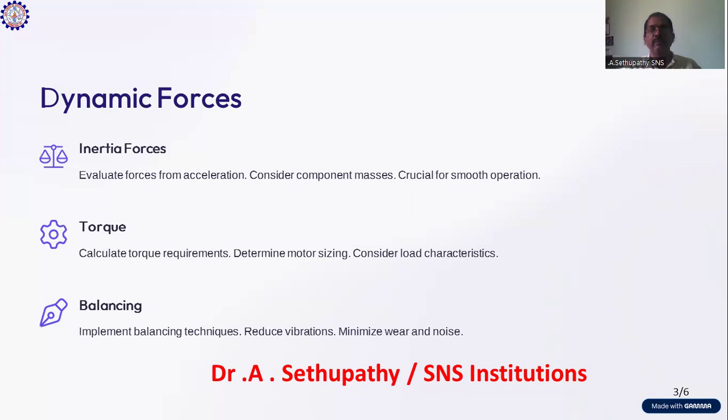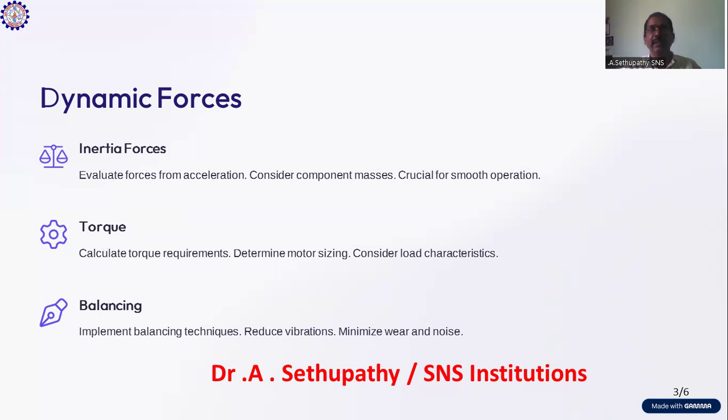So many forces act in the slider crank mechanism, and these are all converted into one resultant force. That resultant force dynamically creates an equivalent force in the opposite direction, which is called the inertia force.